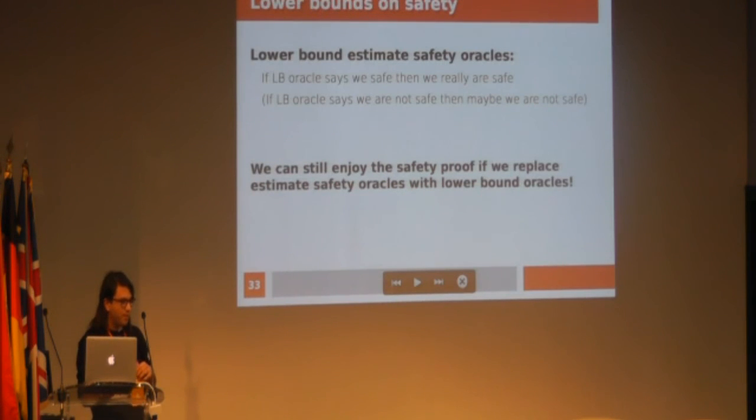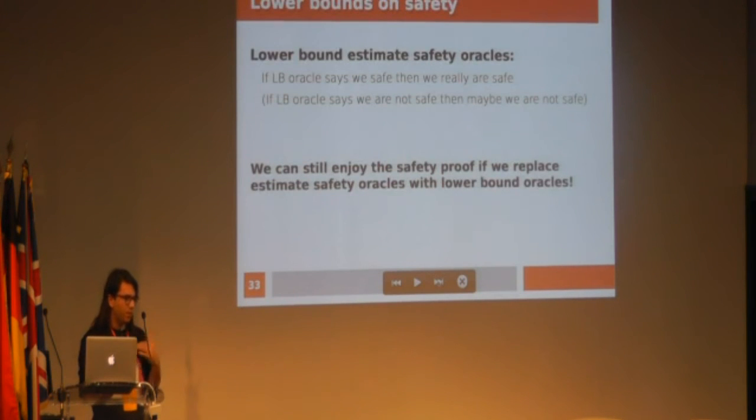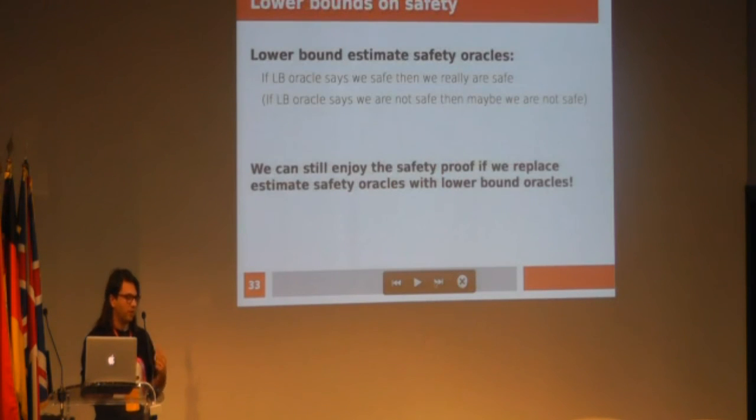So basically, what we're going to try to do there is find a lower bound on safety. A lower bound on safety is an interesting thing, because instead of trying to implement the safety oracle, what we can do is try to implement a lower bound on the safety oracle, i.e. an oracle that says it's safe when it's safe.